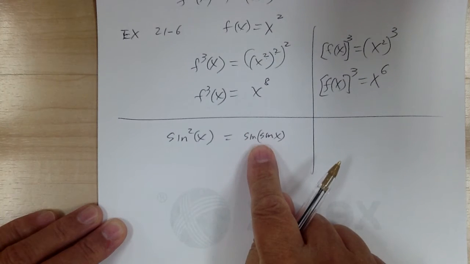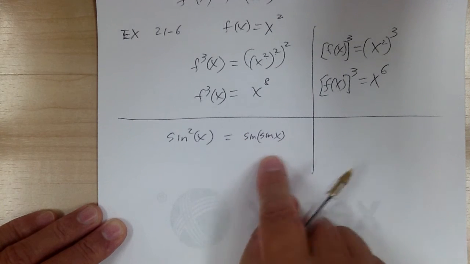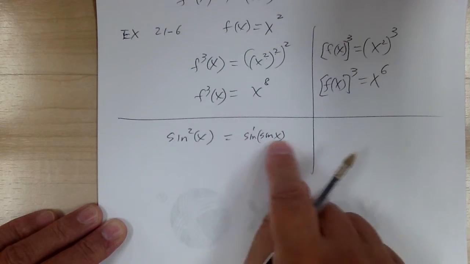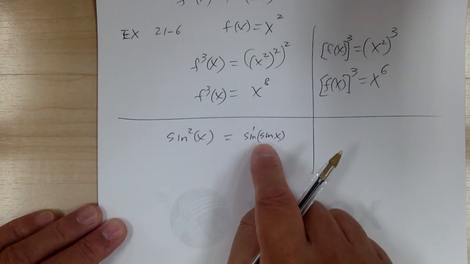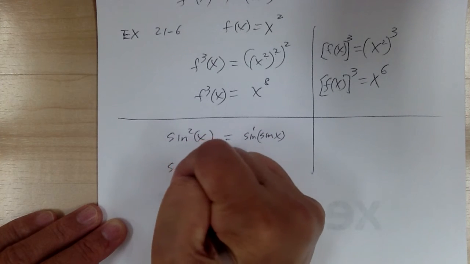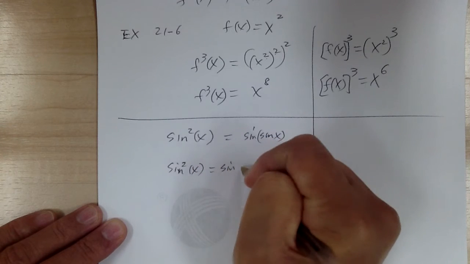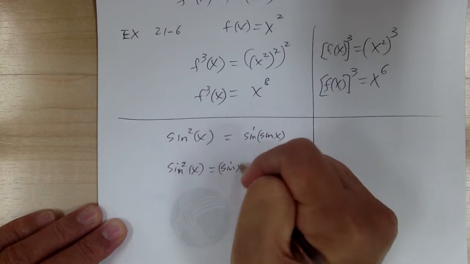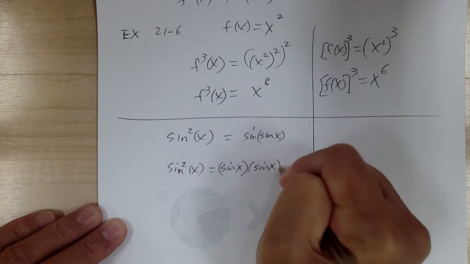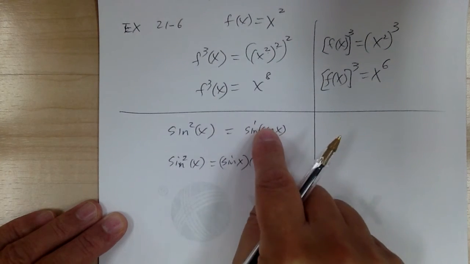But that's not what it means, because this is very rare. You almost never see this in trigonometry. You probably never come across this. This is extremely rare, and because of that, sine square of x means sine of x times sine of x.